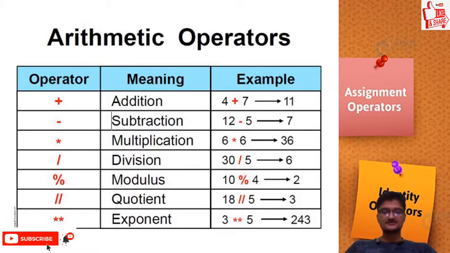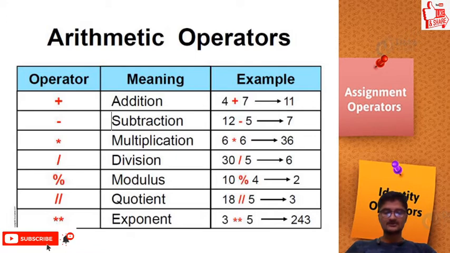There is a plus operator which is used for addition, minus is used for subtraction. For multiplication we use the star sign, and for division we use a division sign, and then modulus, quotient, and exponential. Let us check each of them individually.